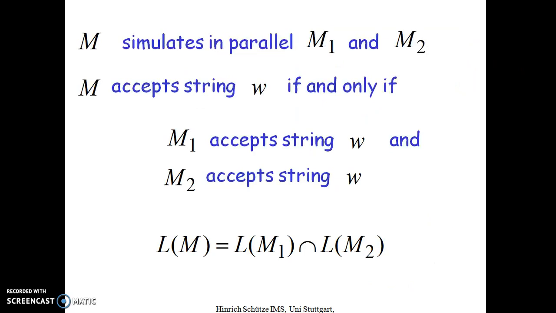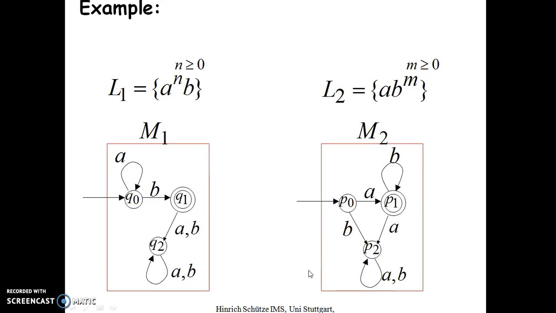So the language, how we are going to do is, M simulates in parallel M1 and M2. M accepts string W if and only if M1 accepts string W and M2 accepts string W. So L of M will be L of M1 intersection L of M2. So I am considering these 2 languages, a to the power n b and a b to the power m.